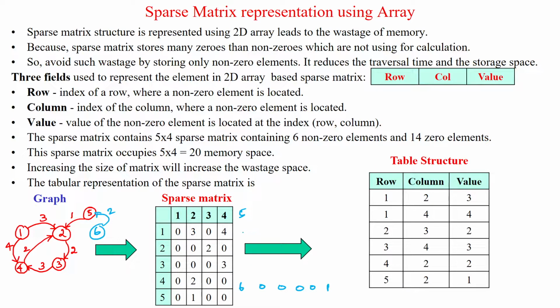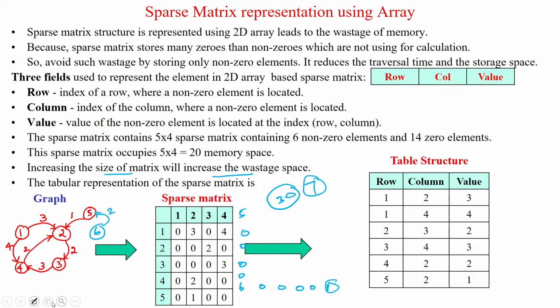So look at that, we add more zeros here and we are adding only one value. So a 6 by 5 matrix will need 30 memory locations, but it has only 7 non-zero elements. So it is a wastage of memory when you increase the size of the matrix.